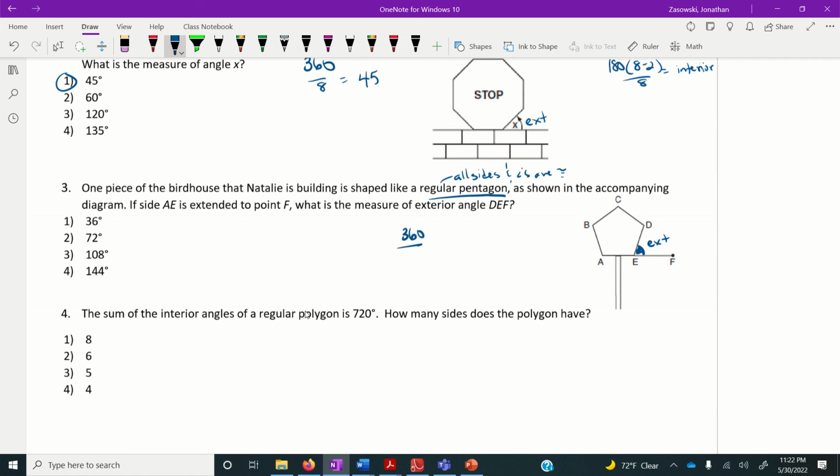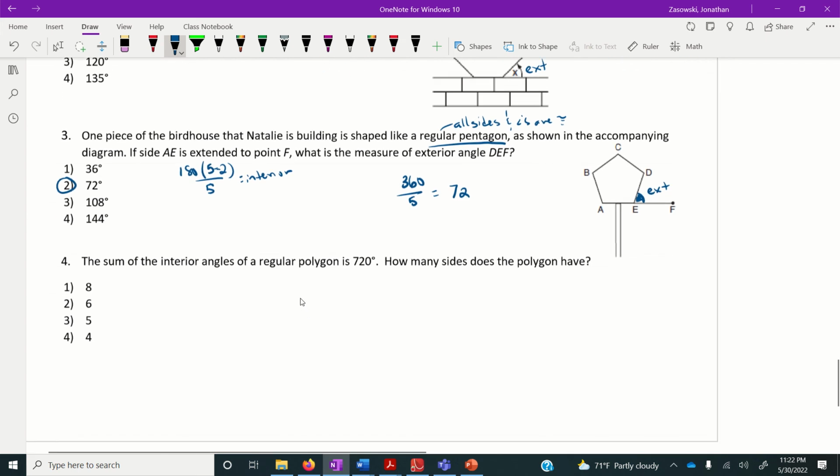So 360 divided by 5 is going to be my answer, and that is going to be 72 degrees. If it was interior, remember we could just do 180 times 5 minus 2 for the sum, and then divided by 5 for the final answer of the interior.